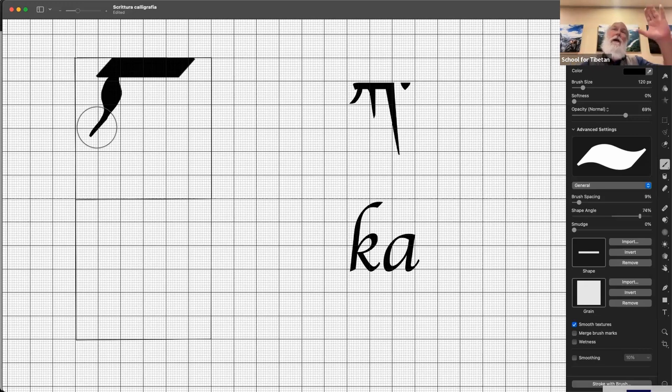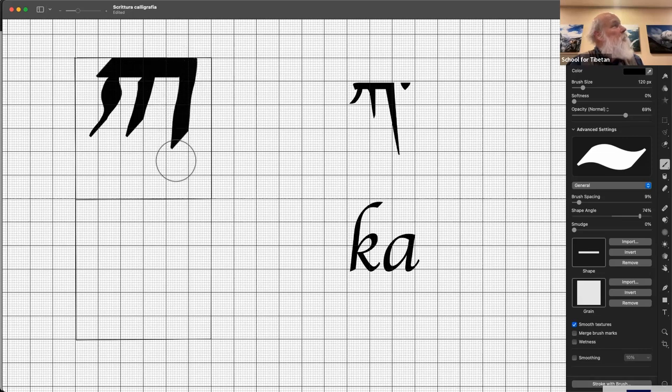Like this, no? If you do a little bit of a curve, the pen produces something nicer. Then that is the second stroke, the third stroke, and the last stroke is the long one. Yes, the line is quite straight.